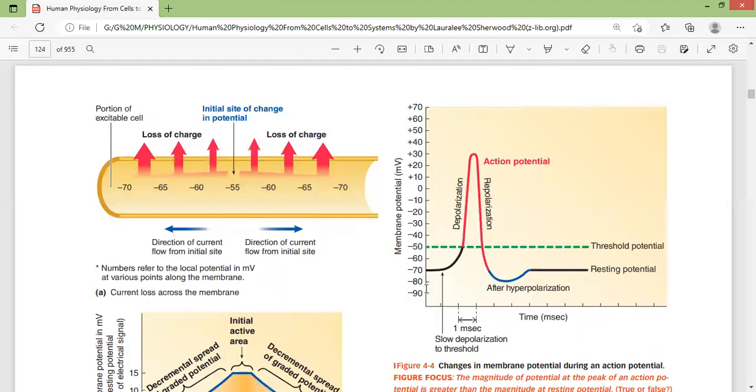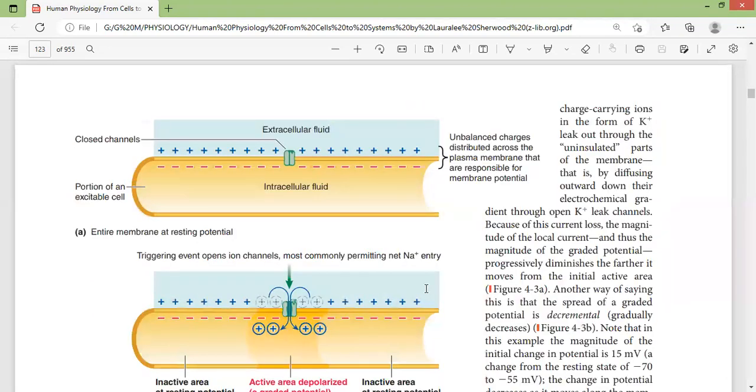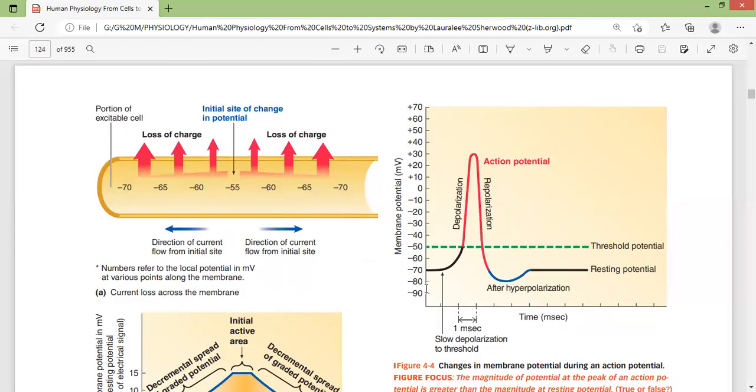Guys, did you talk about the retrograde and the orthograde? No, I didn't talk about it. Yeah, so in the neurons we have retrograde transport, where proteins like dynein take vesicles or organelles from the terminals to the cell bodies. Like anything that has been destroyed at the terminals is taken back to the cell body.